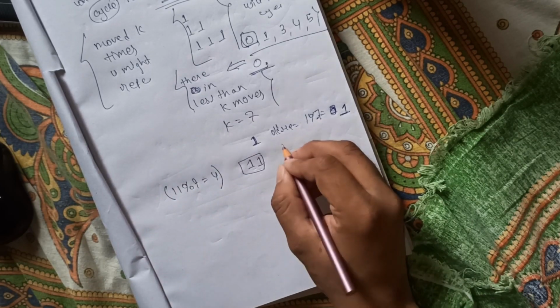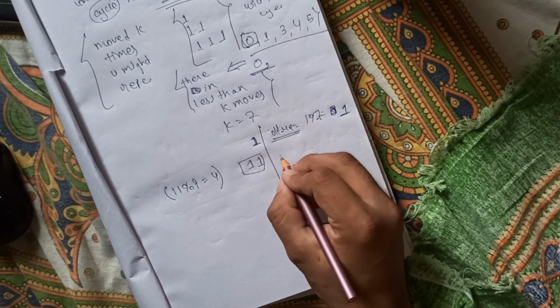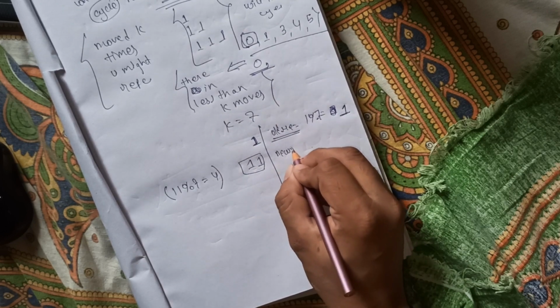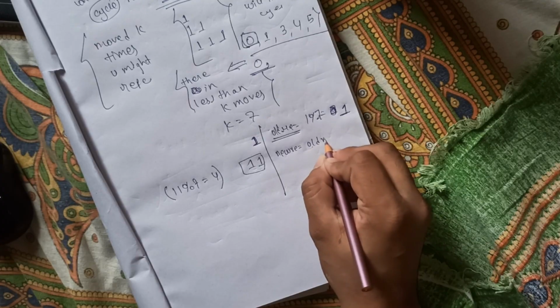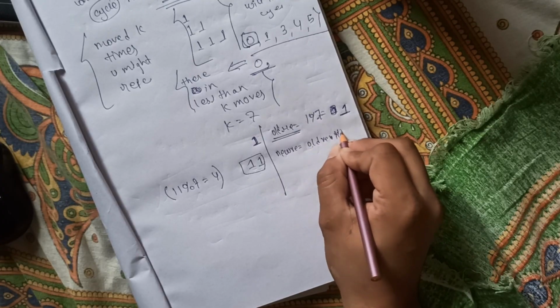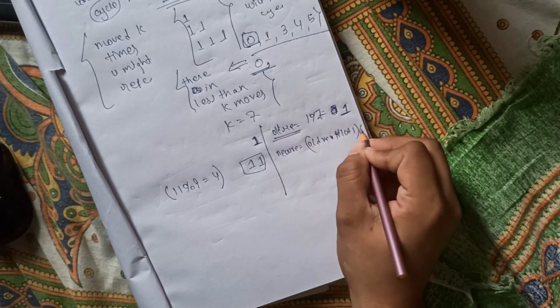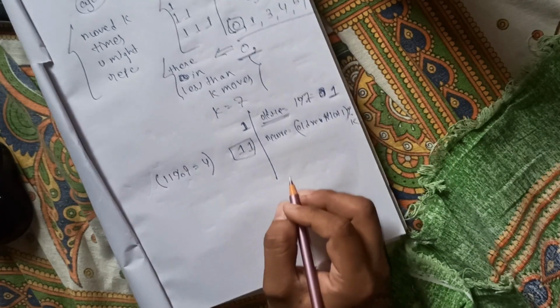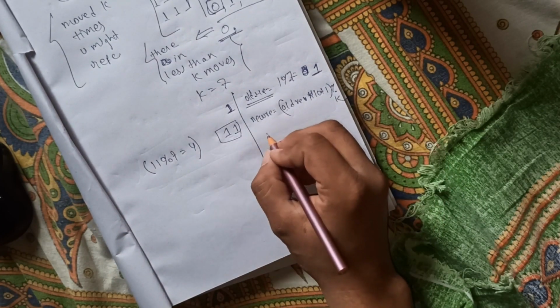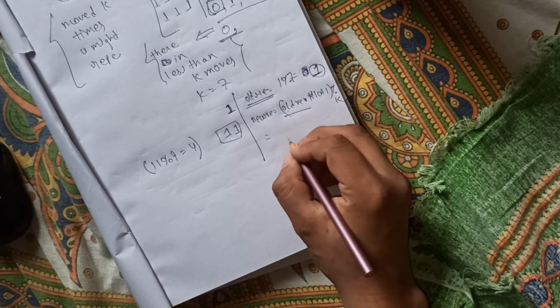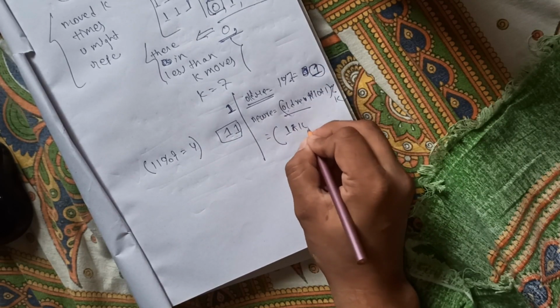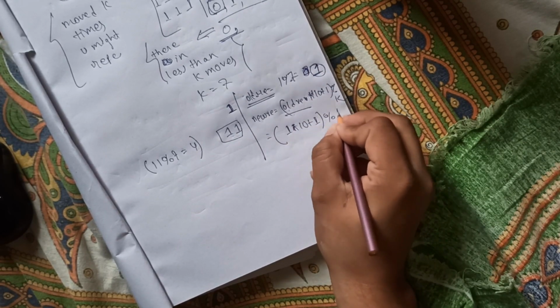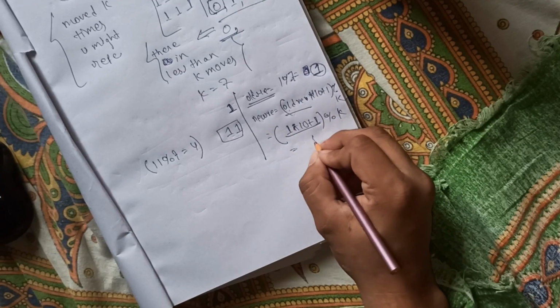Now how will the old remainder find this? The new remainder will be nothing but old remainder into 10 plus 1 modulo k. I hope you remember the formula we derived on the last page. So old remainder 1 into 10 plus 1 modulo k, which is 11 modulo k, which is 4.